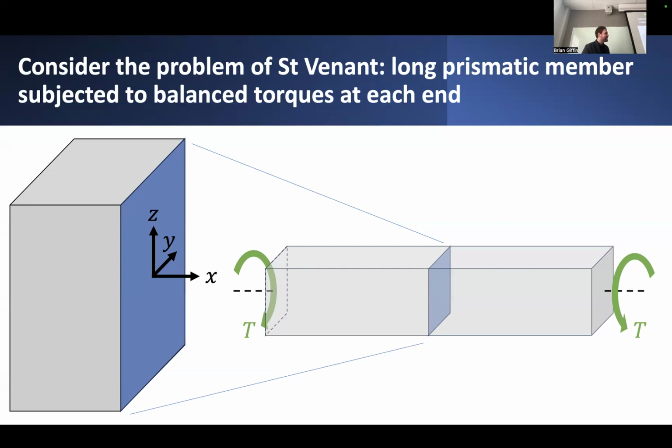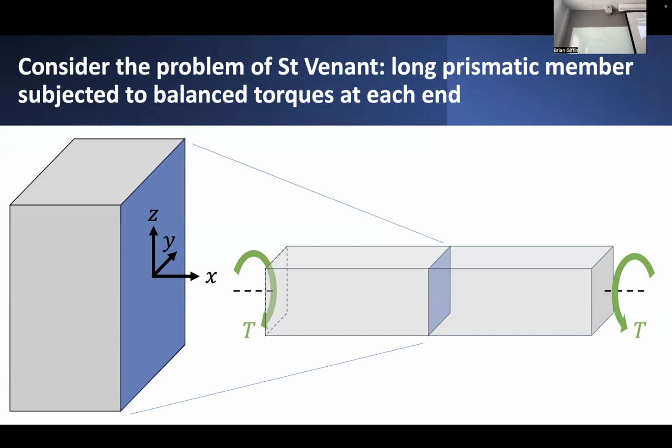this long, slender member under the assumption that there might be some equilibrated stress field that arises due to prescription of the net torque that acts over that section, but we're not going to be precise about exactly how that torque arises over the section. All we want to assume is that it maintains a more or less constant rate of twist over the length of this shaft.